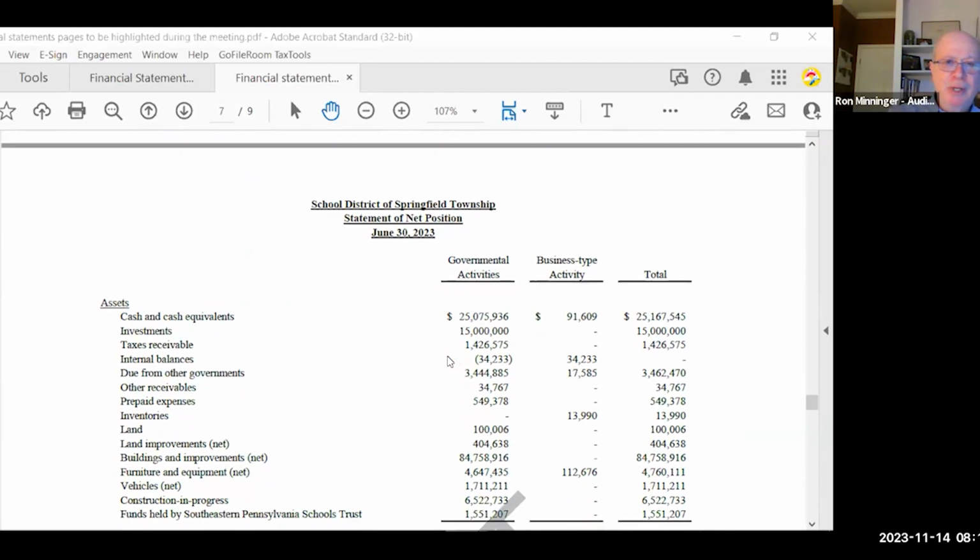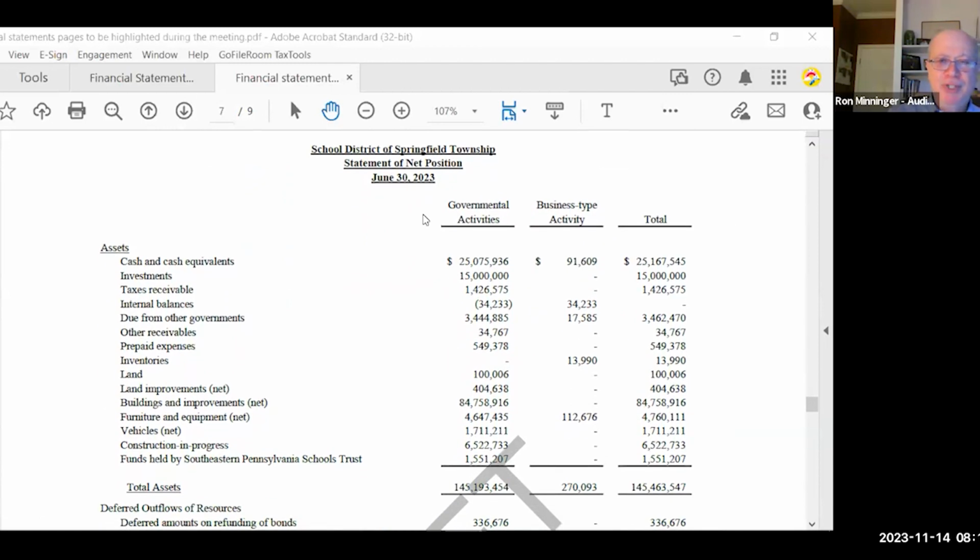So next we'll go to the statement of net position. Now this is the full accrual financial statements, what's called the government-wide financial statements. We have one column for governmental activities. They're all the governmental funds, the general fund, capital reserve, capital projects funds. And again, we start with the balances from the fund statements and add in long-term assets.